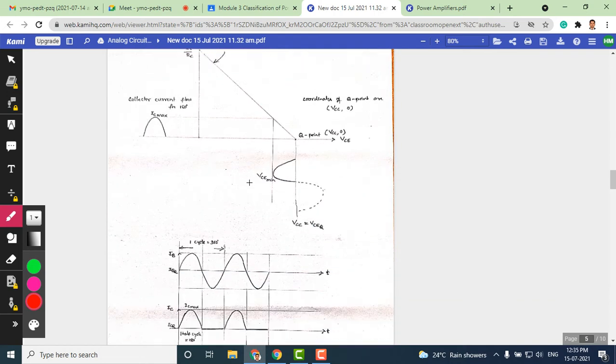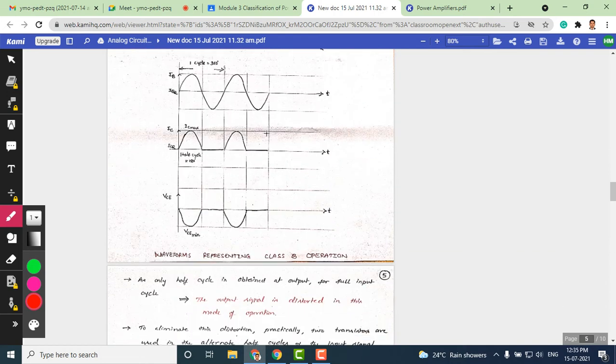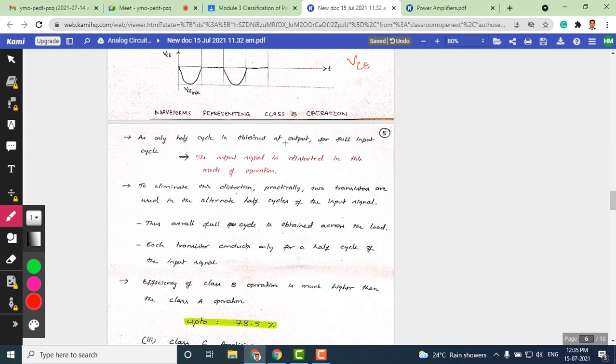These waveforms, okay, more clear waveforms you can see here. Okay, so this is IC waveform, this is IB waveform, this is IC, this is VCE. Okay, so these are the various waveforms representing class B operation.